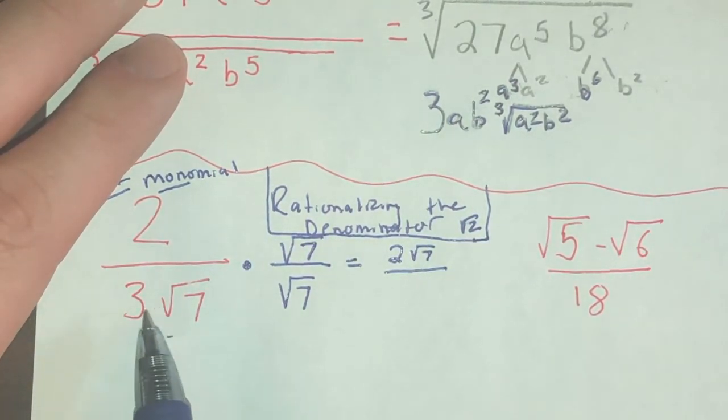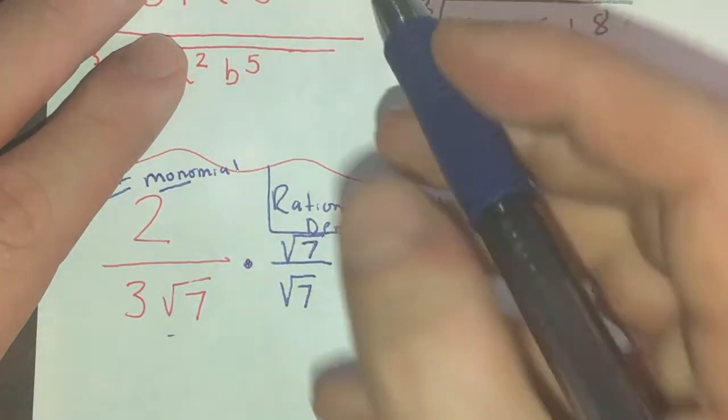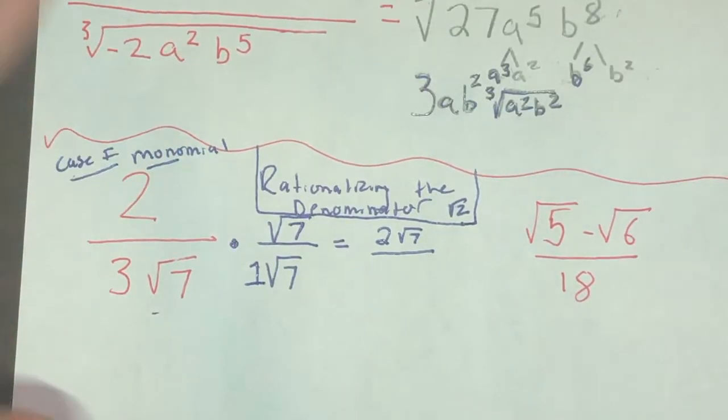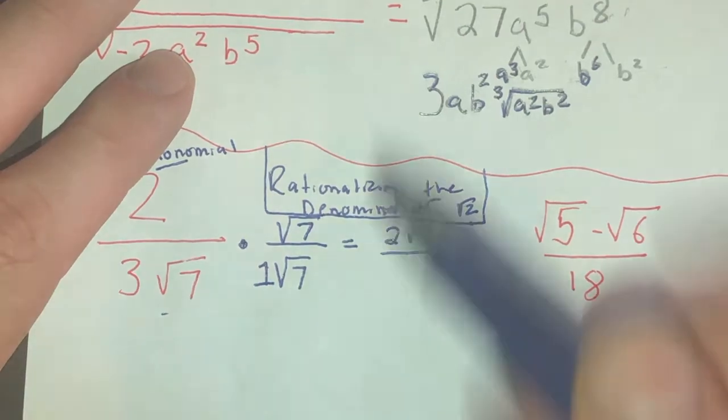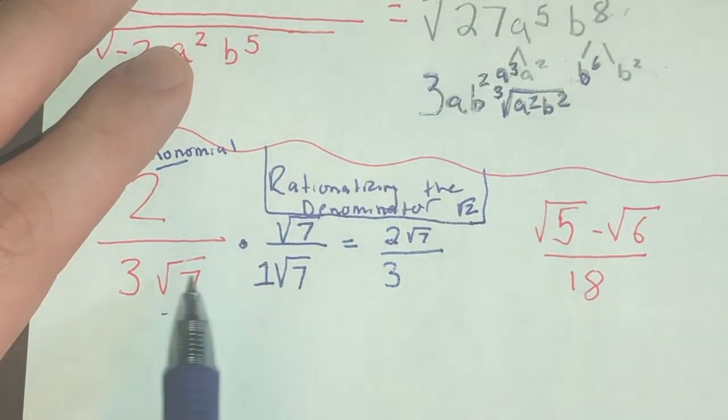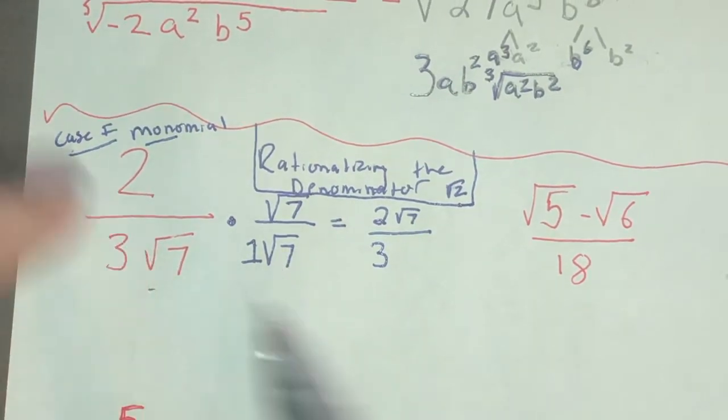Now on the bottom, we have 3 square root 7 times, in theory, 1 square root of 7, right? It's just square root of 7. So the 3 and the 1 come together, you get 3. And the 7 and the 7, well, when they multiply, you get the square root of 49, which is 7.